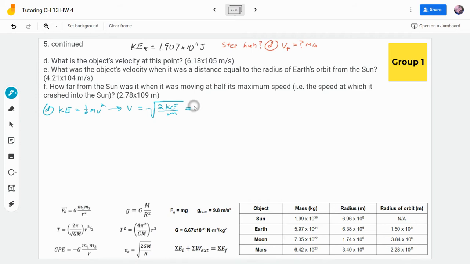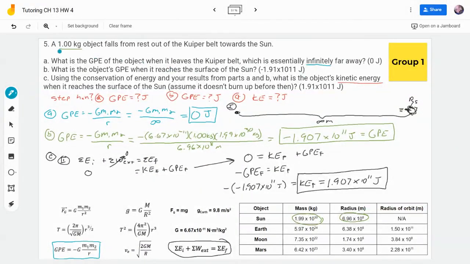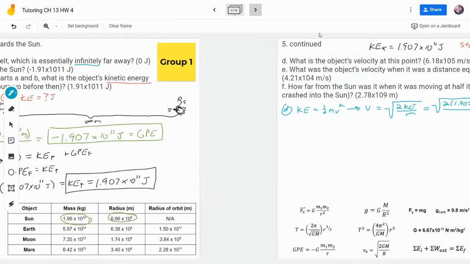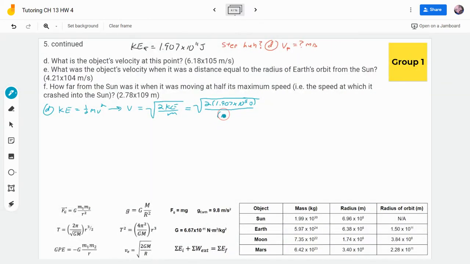So the square root of 2 times KE, that was our answer for the last part, 1.907 times 10 to the 11th joules, divided by m. M is not the mass of the sun. M is the mass of the object. And remember, our object had a 1 kilogram mass. So all this divided by 1.